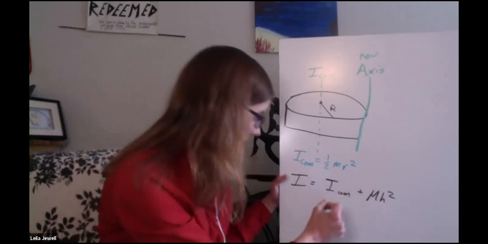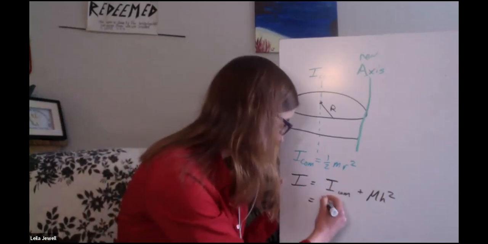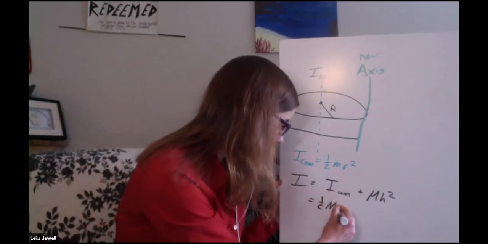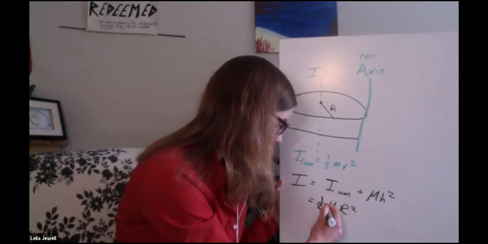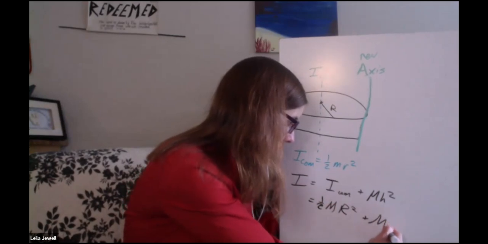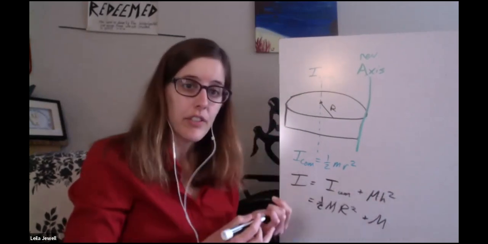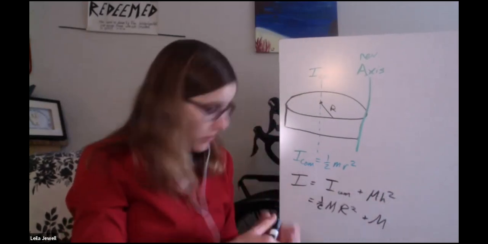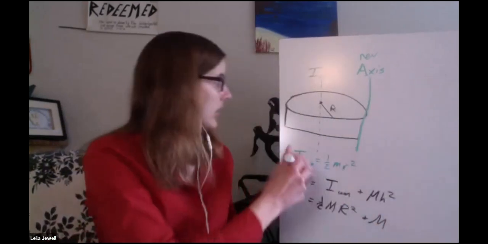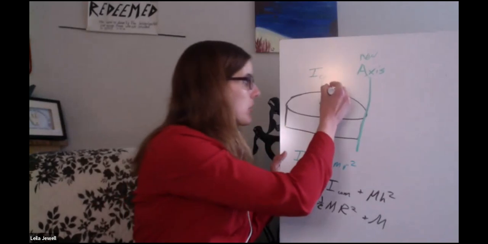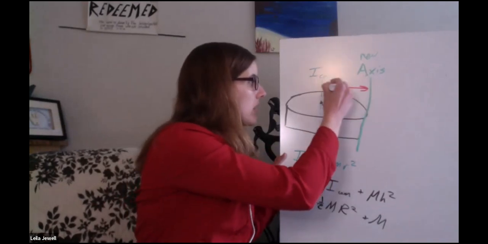So I can plug that in with this I_com. That would be 1/2, I'm going to make it a big M because it's the total mass, times R squared. Cool. Plus big M, that's still okay. And then what we have left there is the h. And h, remember, is the distance that we are offset from the center of mass to this new axis.